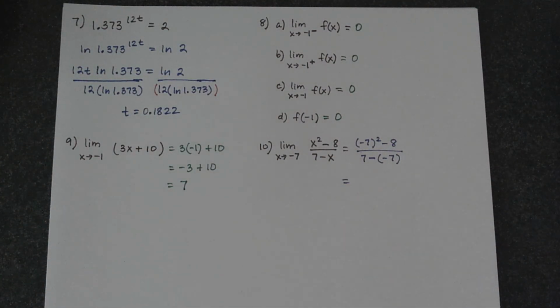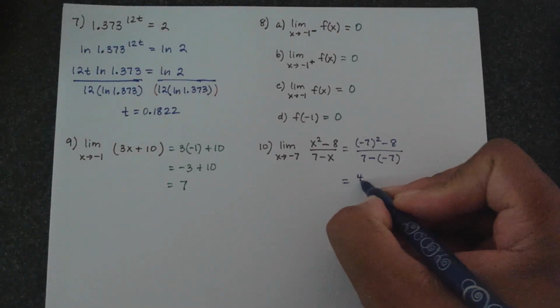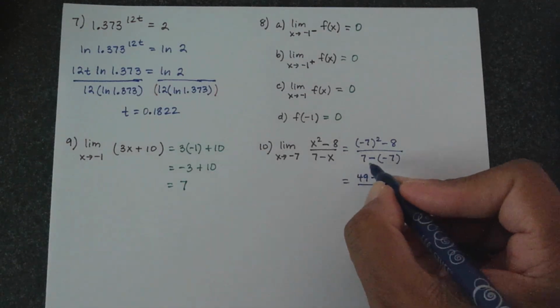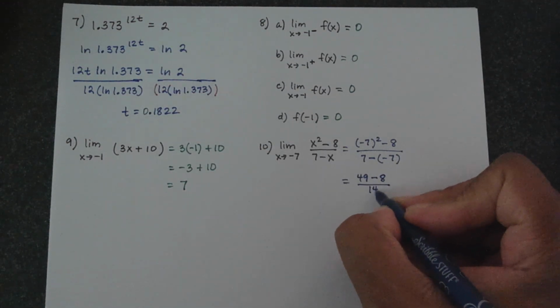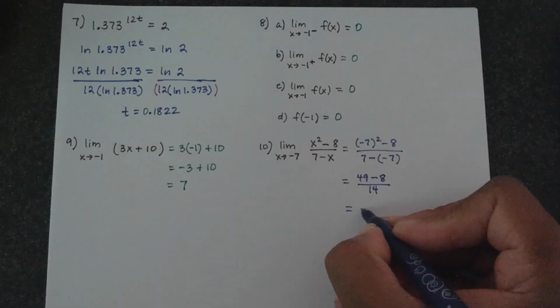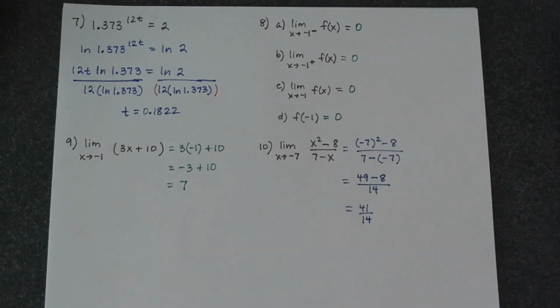And then simplify the numerator and the denominator. -7 squared will be 49, and then that's 49 minus 8. And -7 minus a -7 would be 7 plus 7, which is 14. 49 minus 8 will be just 41 over 14.